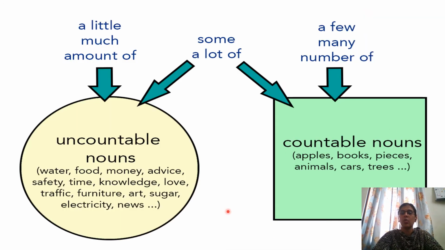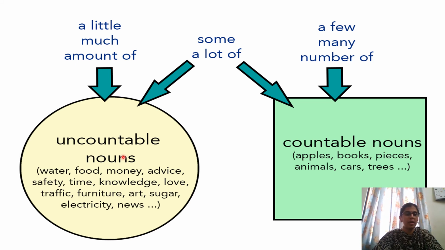So children, whatever we saw in the previous slide, a quick recap. A little, much, amount of. You use it with uncountable nouns. A few, many, number of. You use it with countable nouns. Some, a lot of. You use it both with uncountable nouns and countable nouns. Here you can see some examples given for both.